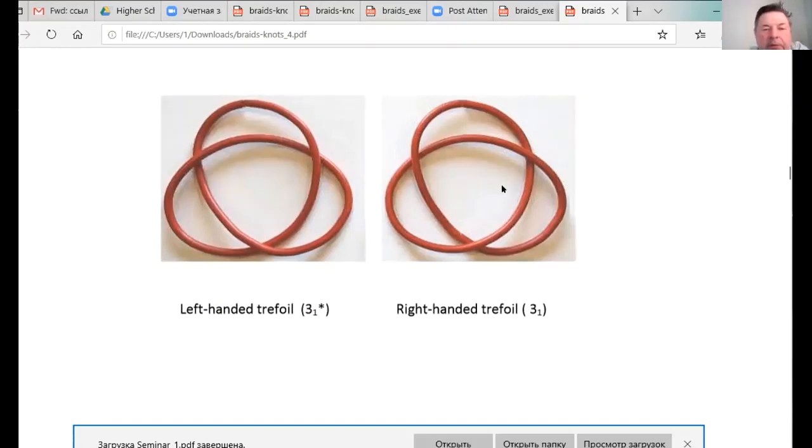A mirror image is obtained very simply. Of course, if you have a mirror in your room, you can just make this reflection. But if you have a knot diagram, you have this branch and this branch, and at every crossing you change the crossing of the branch.